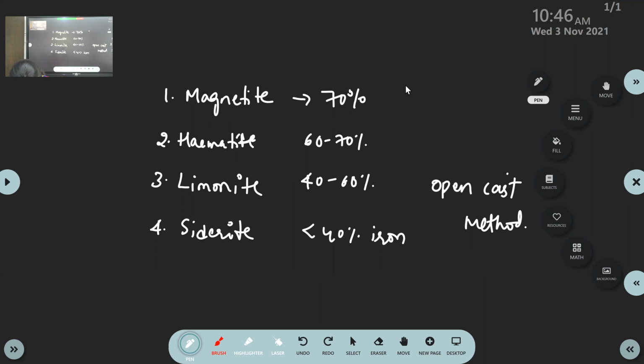Next point: 75% of limestone is used in the cement industry, 16% in the iron and steel industry, and 4% in chemical industries.